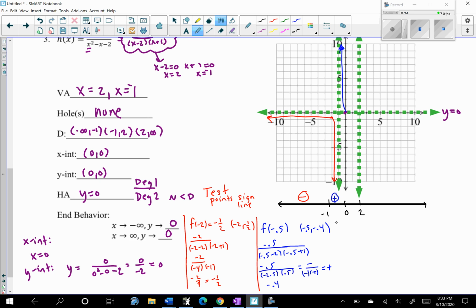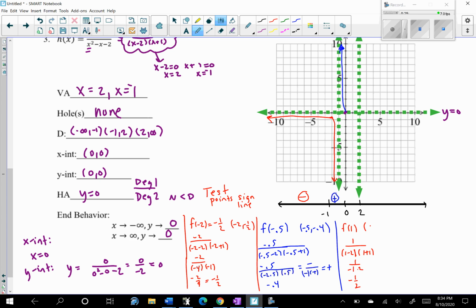And so now I need to test in between 0 and 2. I can do 1. So f of 1, if I plug that in, I would get 1 over 1 minus 2 times 1 plus 1. And so that gives me 1 over negative 1 times 2, which is negative 1 half.